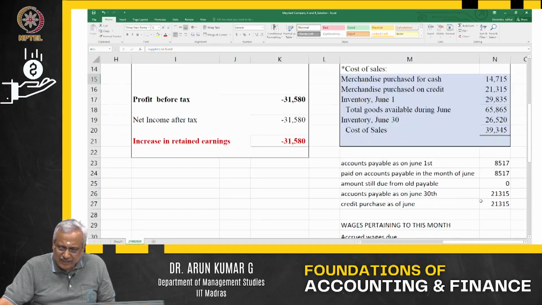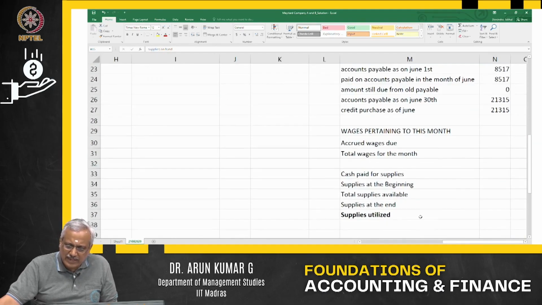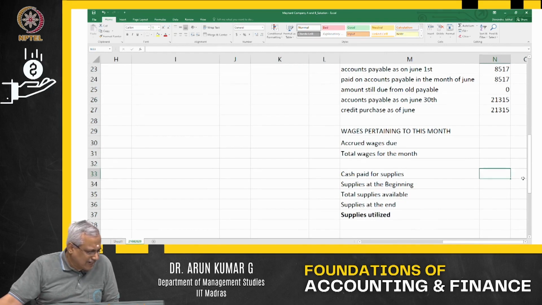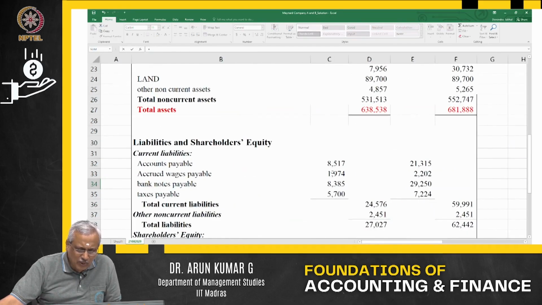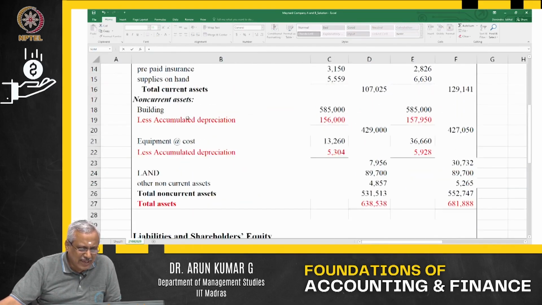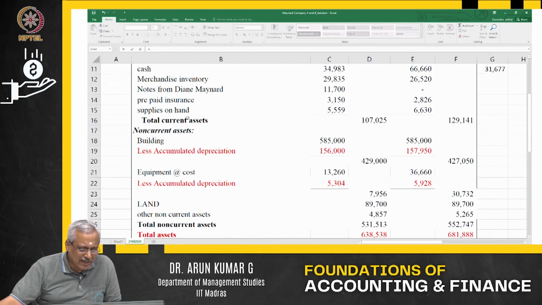We see this as of now, wages, let us keep it, supplies. What is the cash that is paid for supplies? 1617. What is the supplies at the beginning of the month? I will go to the opening balance sheet and see what the supplies are at the beginning of the month.